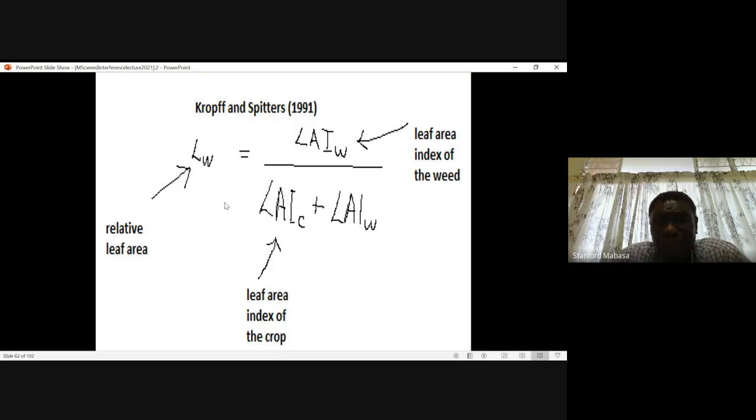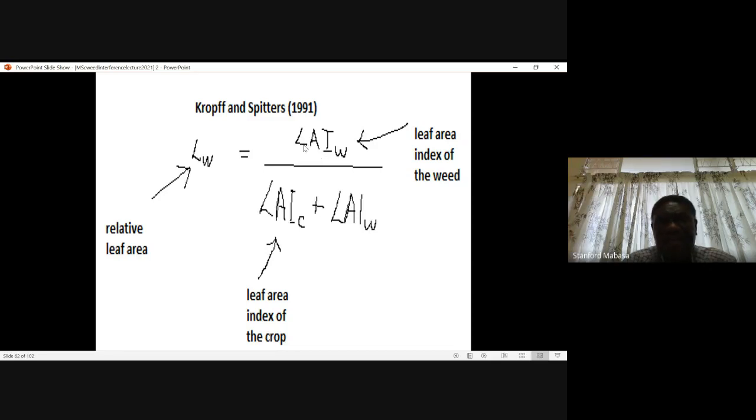So what they proposed was that they measured the leaf area index of weeds in a field. They also measured the leaf area index of the crop, and they came up with an equation for relative leaf area, which is as follows.